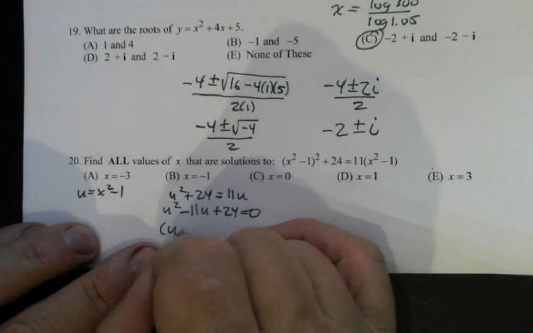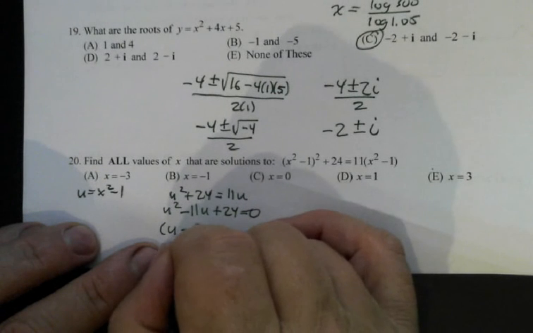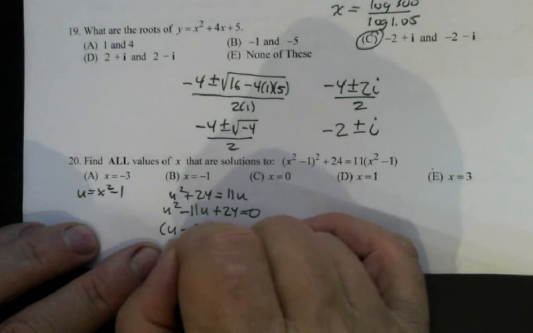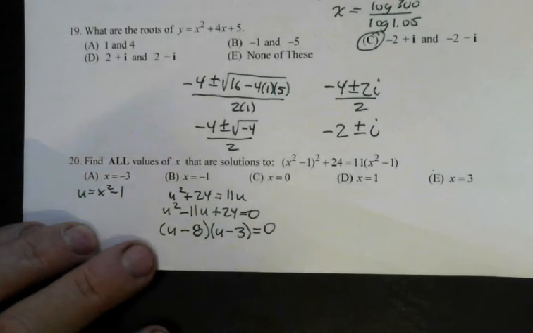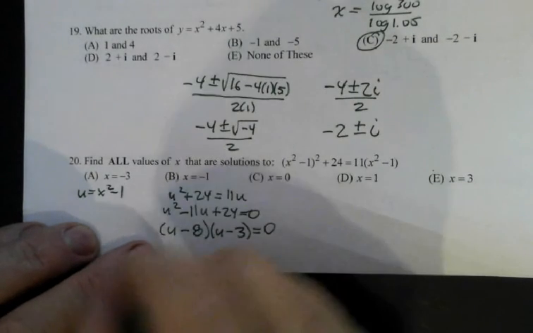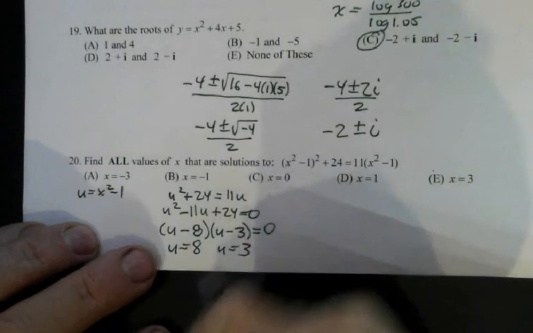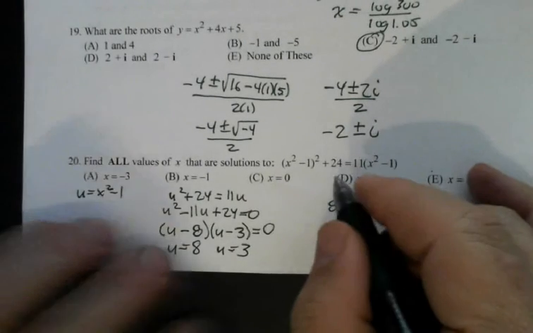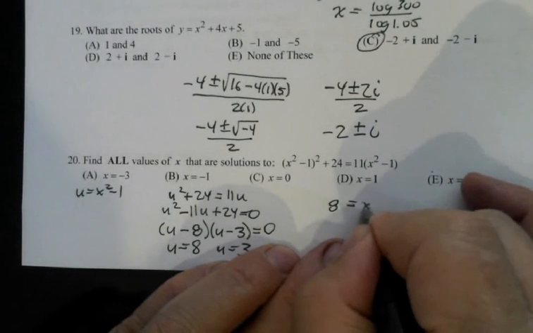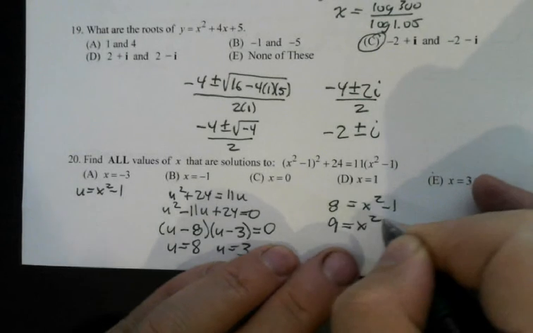This factors to u minus 8 and u minus 3. So I get u equaling 8 and u equaling 3. So that means I've got 8 is equal to x squared minus 1. I get 9 equals x squared.